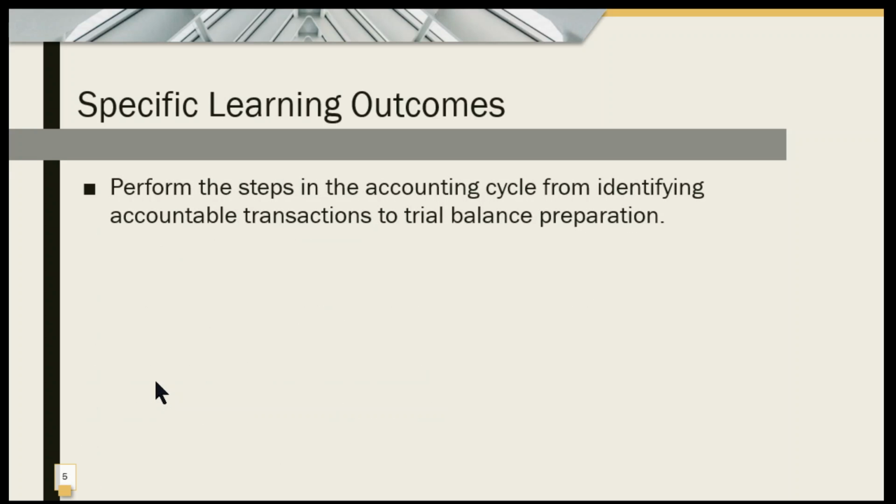The specific learning outcome is to perform the steps in the accounting cycle from identifying accountable transactions to trial balance preparation. I bet you already know how to do that, but we will review so that we will be prepared for the next steps and the next level of analysis.